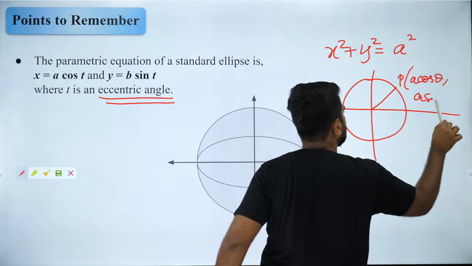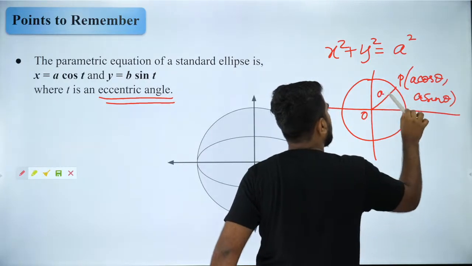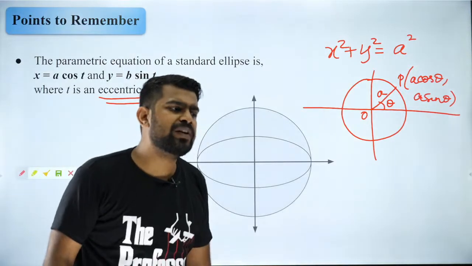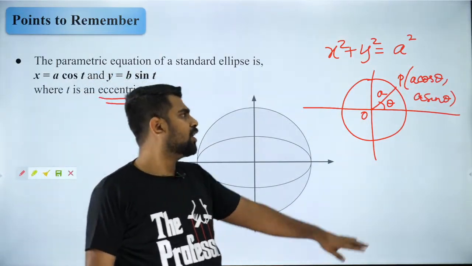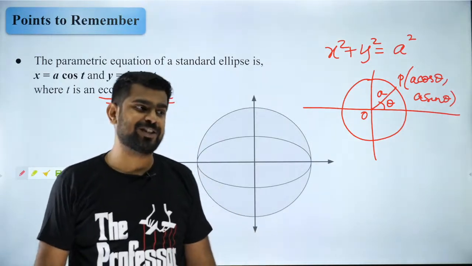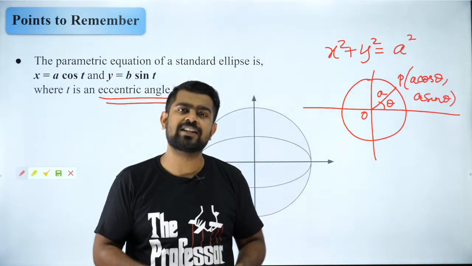Everybody knows that a cos theta, a sin theta will be the coordinates of the point P. I hope everybody is aware of that because we have learned that in our circles chapter. Isn't that absolutely right? Are you guys able to understand that?